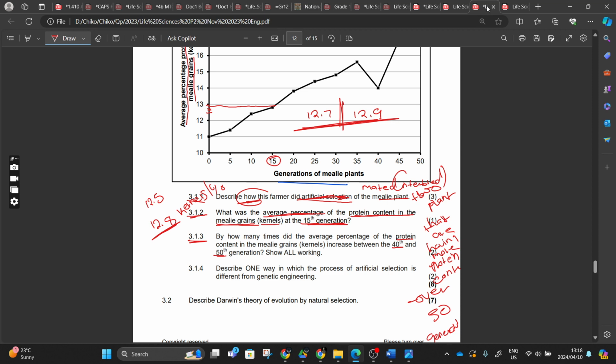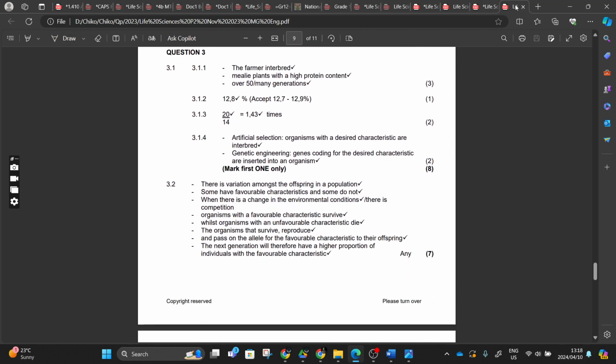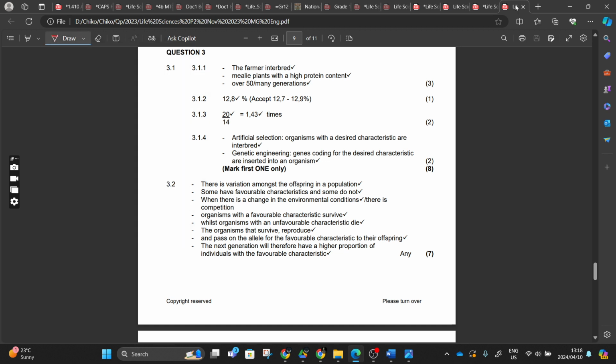I saw this on our memorandum, and I don't want to find myself contradicting the memorandum, because the memorandum is the memorandum. They're saying it will be 20 divided by 14, and then we will get 1.43 times, right?